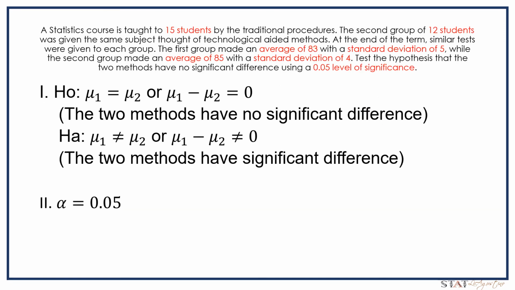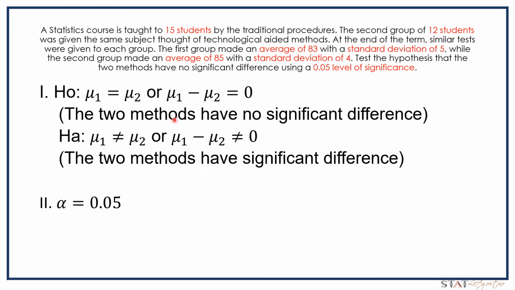Here's an example of how we state our null and alternative hypotheses. In the statistical presentation, you present your null hypothesis this way: mu1 is equal to mu2 because we have two groups, or mu1 minus mu2 is equal to 0, assuming that they are equal.